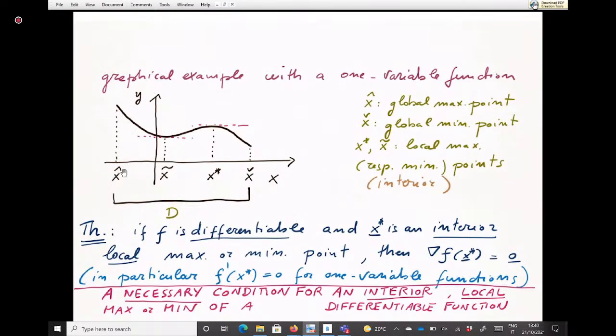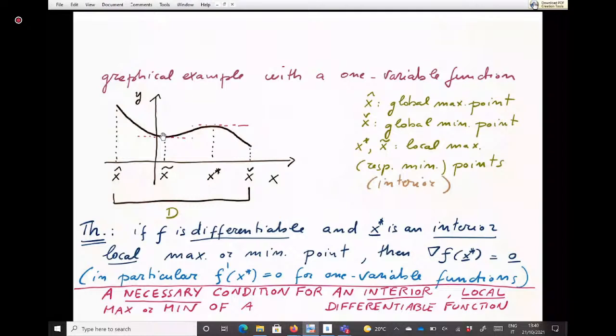Look at this. Suppose that the domain is from here to here. Here you have, this is a global maximum point. X hat is a global maximum point. X tilde is a local minimum point.